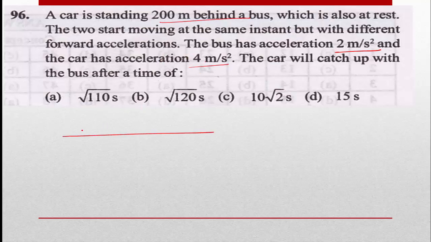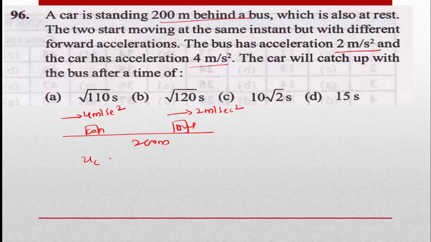Here, this is the surface of the road, and this is the car, and this is the bus. The car moves with an acceleration of 4 meter per second square, and the bus moves with an acceleration of 2 meter per second square. The car is standing 200 meter behind the bus.